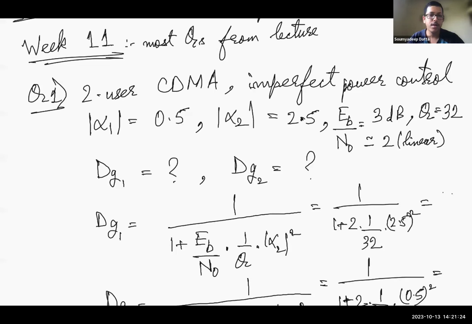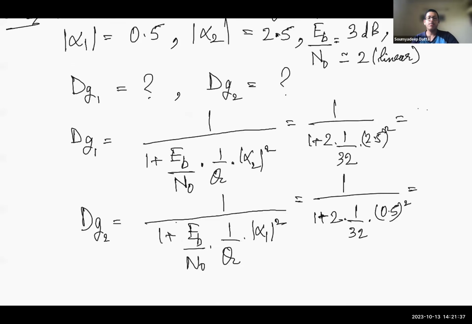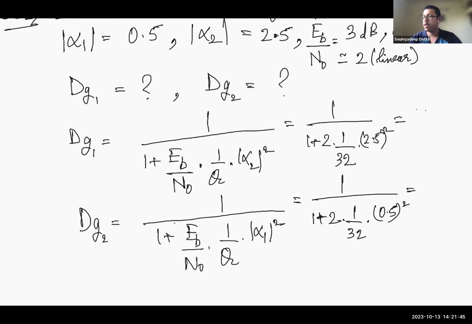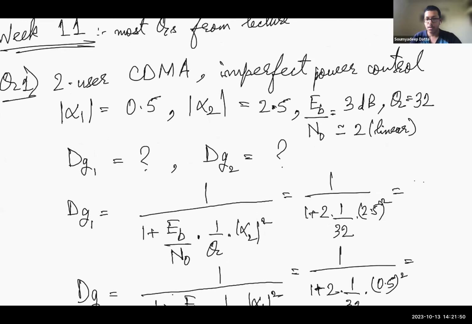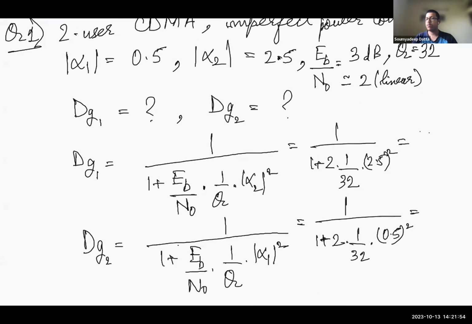The formula is there from the lectures, but essentially it is the factor that we multiply to the AWGN SNR to get the actual SNR. So the actual SNR is Eb by N naught times DG1 for user 1 and Eb by N naught times DG2 for user 2. Then the calculation can be done.